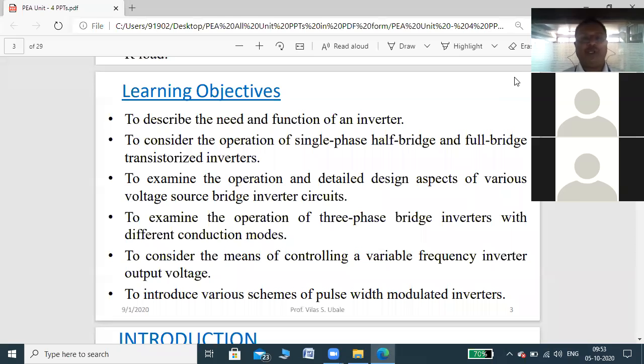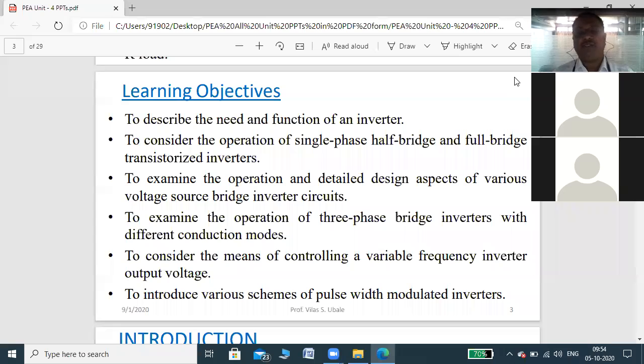Second, to consider the operation of single phase, half bridge and full bridge. Again, like your semi converter and converter, here again half bridge and full bridge circuits are there. So we will see what is a single phase, half bridge and full bridge transistorized inverter. Then to examine the operation and detailed design aspects of various voltage source bridge inverter circuits.